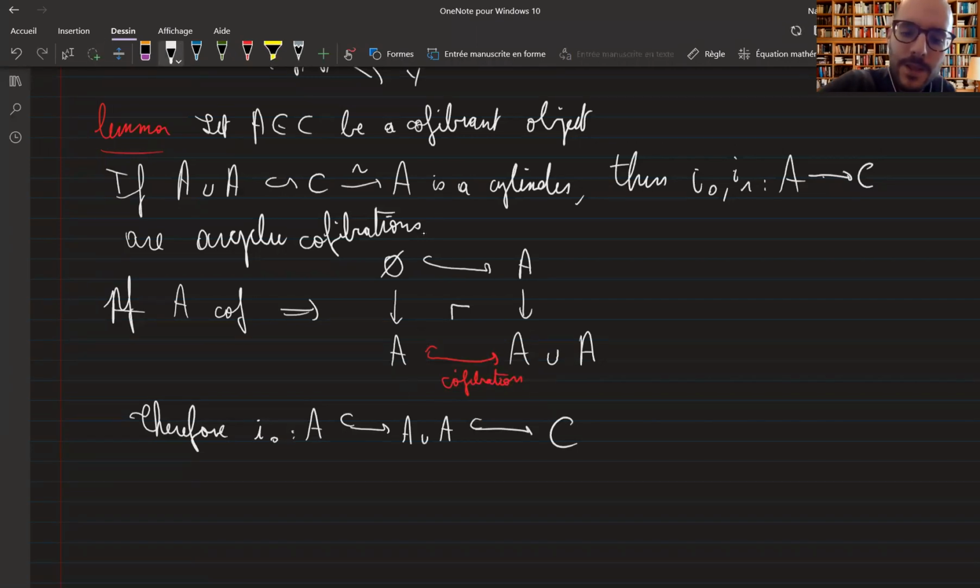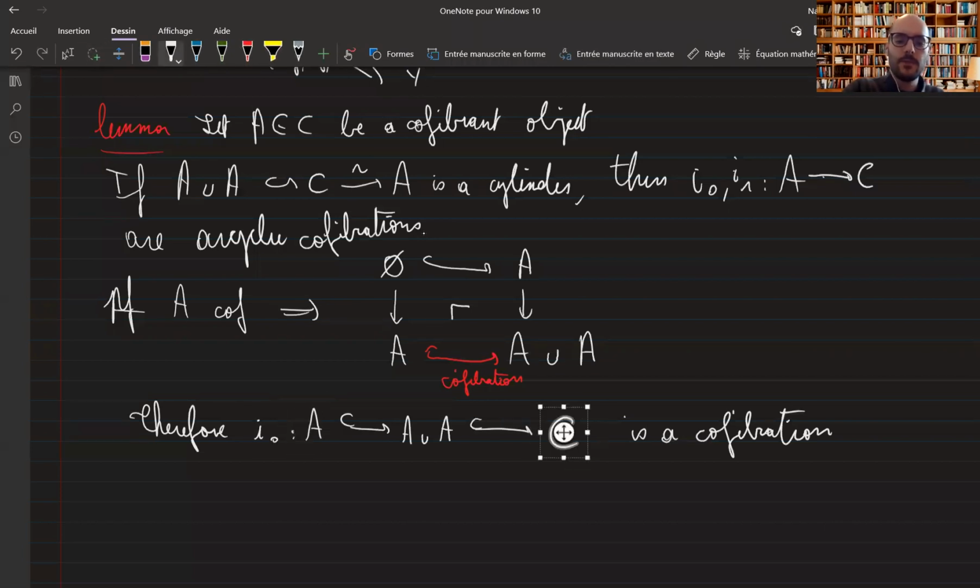So therefore, it is the composition of two cofibrations, and it is therefore a cofibration. Okay. So this is the first statement, that I0 is a cofibration from A to C. And for this one, you really need A to be cofibrant. Otherwise, it doesn't work, even if this thing here is a cofibration. Okay? You should be careful. This map here is not always a cofibration.